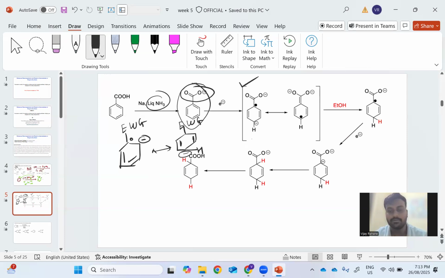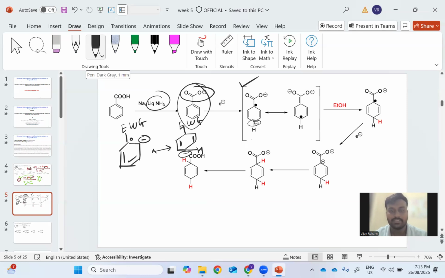This is the intermediate. And if you look at the intermediate, the negative charge is here. And there is another possibility for the stabilization of this negative charge. So there will be delocalization of this negative charge. The negative charge can go to that position also. How will this go?